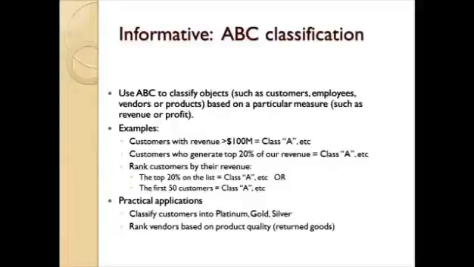Once we identify a variable or criteria, we can classify customers into different groups, A, B, and C. Sometimes we also give more meaningful names like platinum, gold, or silver, but the idea is the same. We use one variable to classify customers.